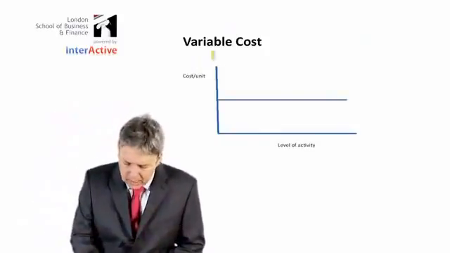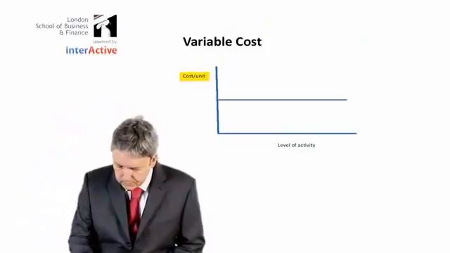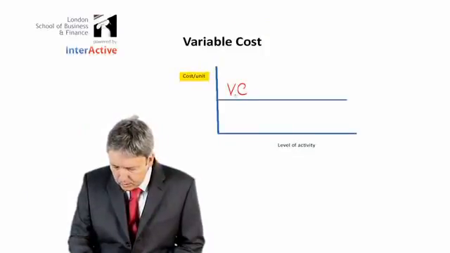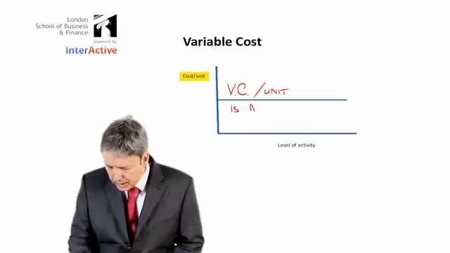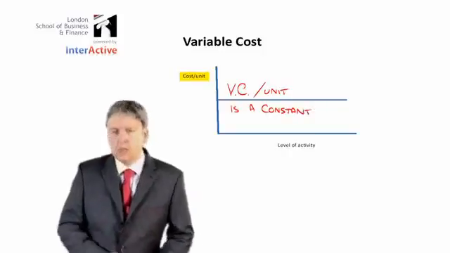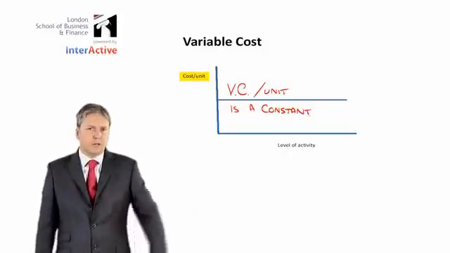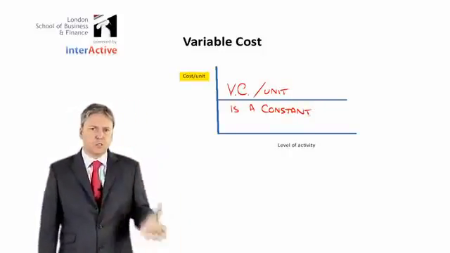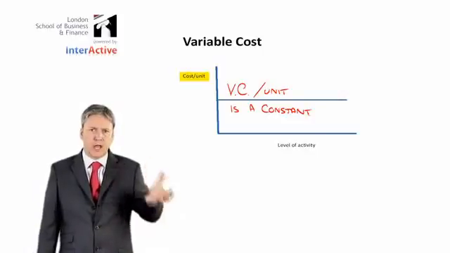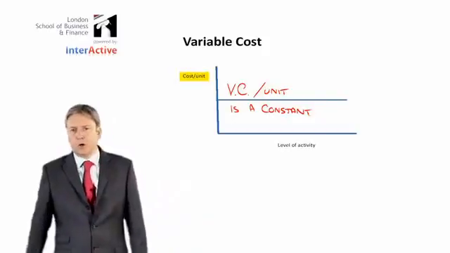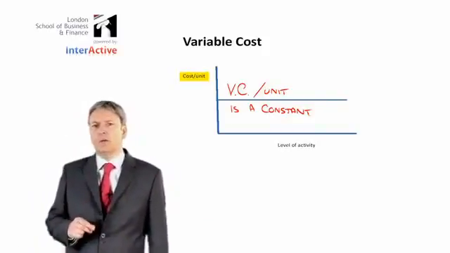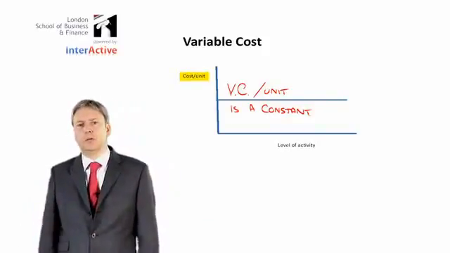If we want to look at it on a per unit basis, the variable cost per unit is a constant. So what we're saying here is that we expect to see the fixed costs given in total terms because that's the way they're incurred over time. Whereas variable costs are incurred in direct relation to the number of units being produced.